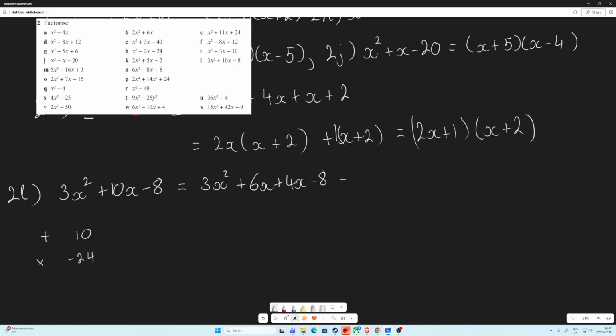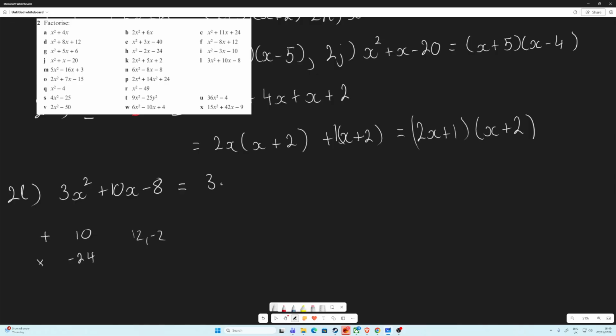So that equals 3x times x plus 2 plus 4, minus 4. Let's do it this way. Actually, that was a mistake, because what we're going to have is 12 and minus 2.